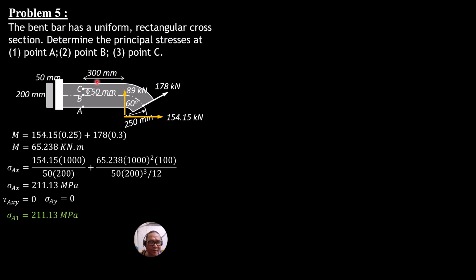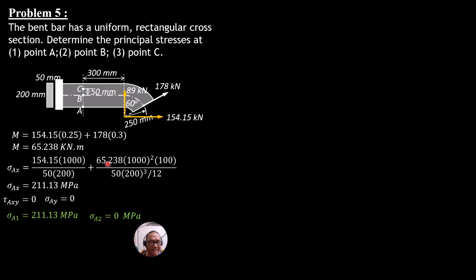Now we proceed to point B. There's no bending, 0, because it is the neutral axis, but there is an axial effect, which is equal to 154.15 times 1000 over area 50 times 200. That's the only tensile normal stress at B due to axial force.